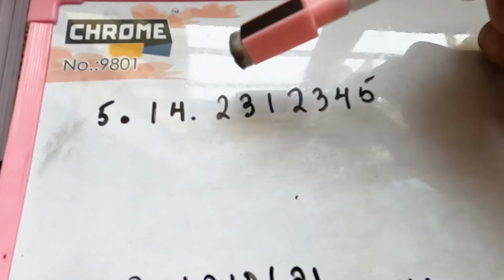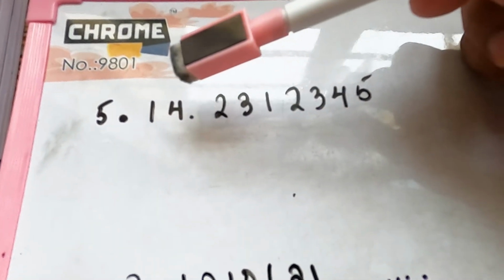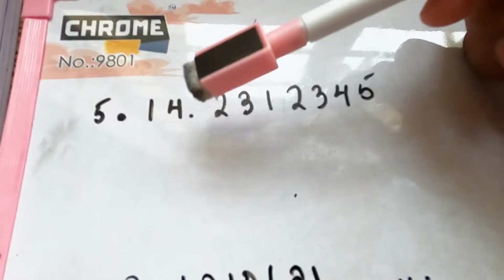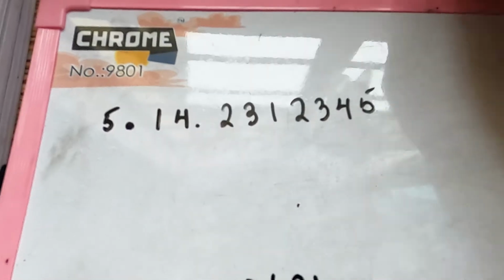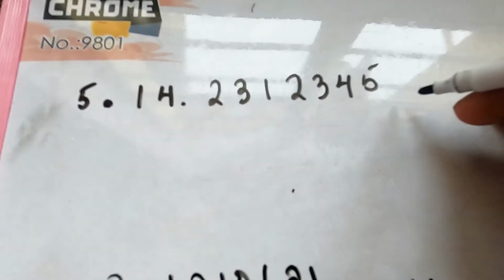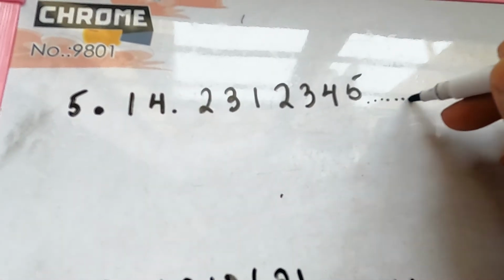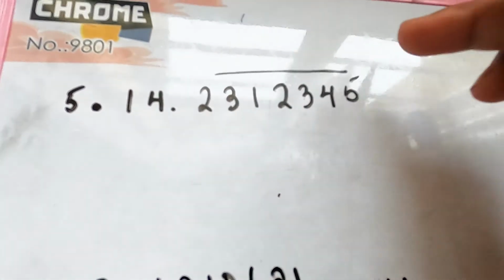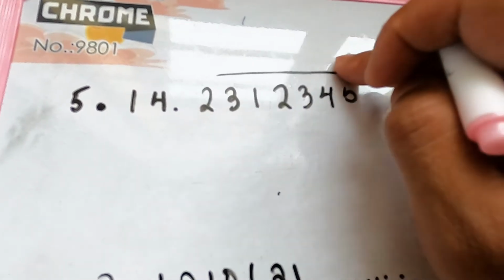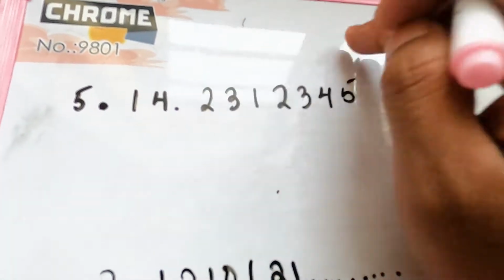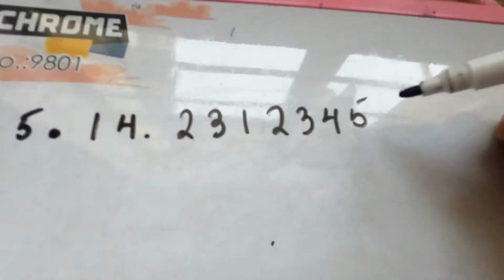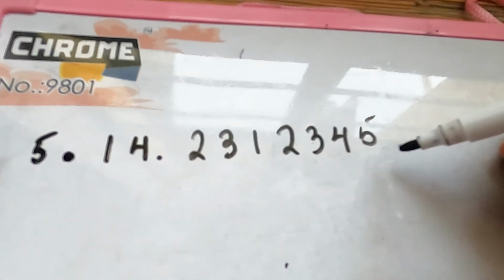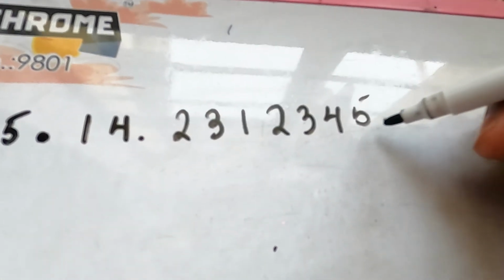So in question number 5, the number is 14.2312345. In this case there is no symbol like this, which indicates that it is a repeating decimal number. We can clearly see that it has an ending and the number ends at 5.